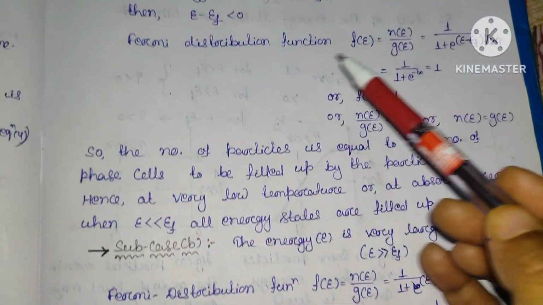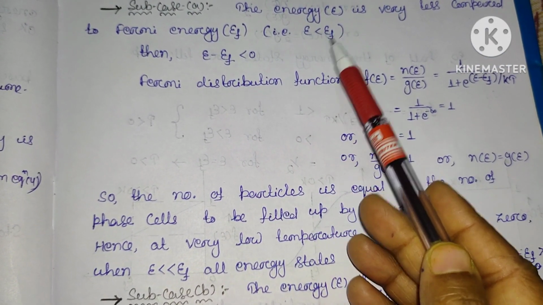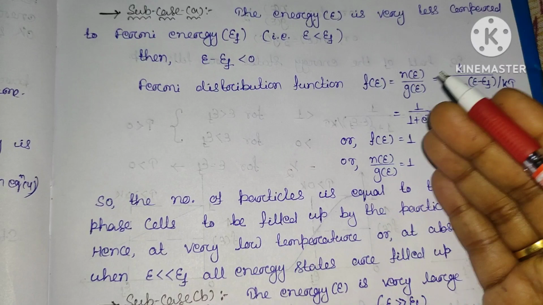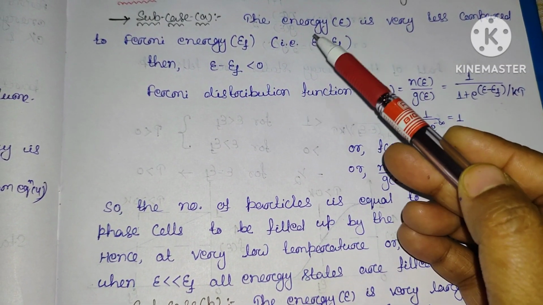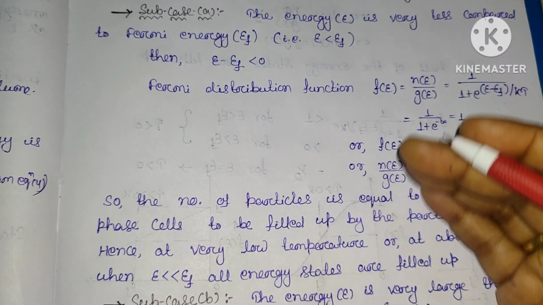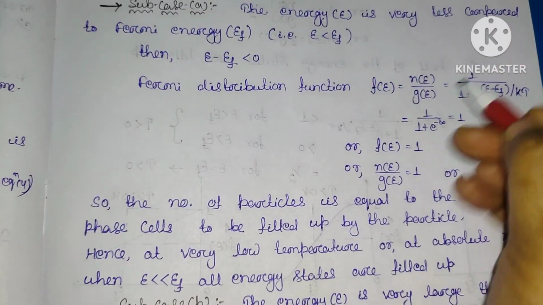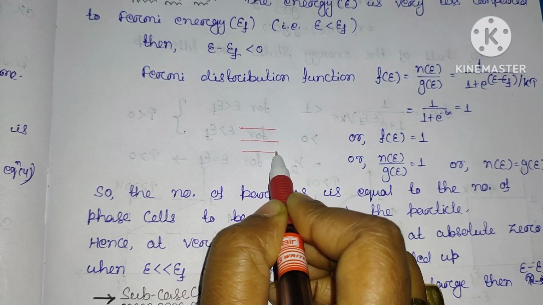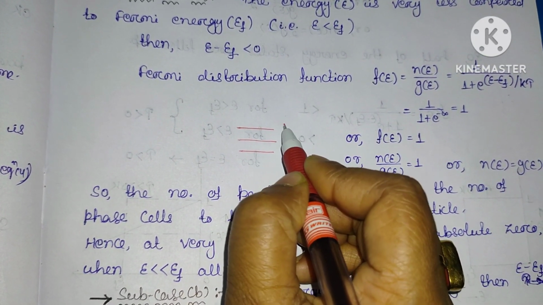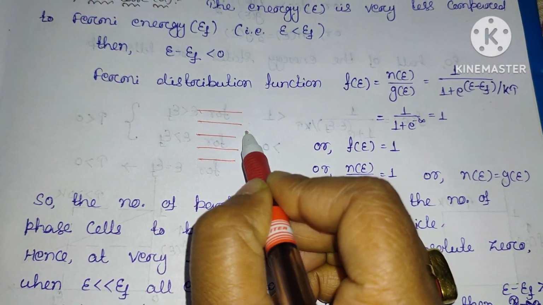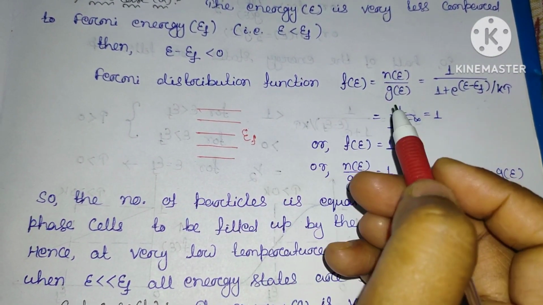Here we have just proved that at absolute 0 temperature, when the energy value is less than this Fermi energy, the lowest energy levels are filled up to EF. If these are your energy levels, suppose this is the Fermi energy level.